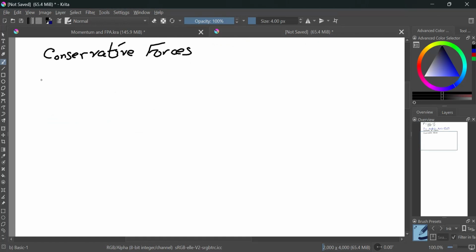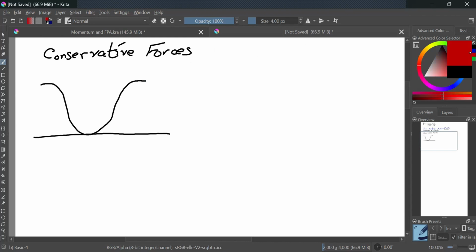But as an example, and I like my examples, you'll see a lot of them in this series, we have a valley. Go ahead and set the baseline. We put a ball somewhere up high towards the top of the valley at a height of, say, h1, and then we drop the ball.